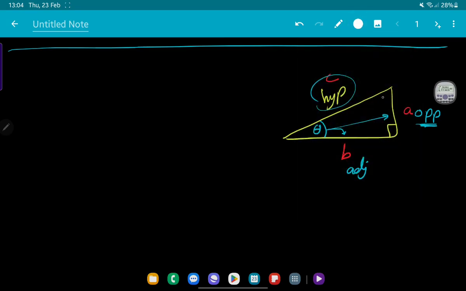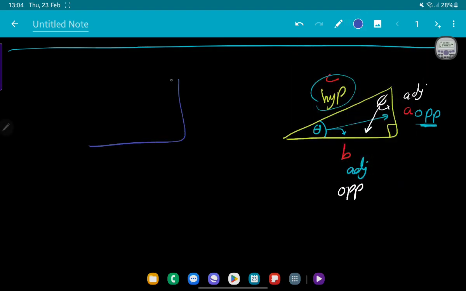So what if we have angle phi, for example, here? Now B is opposite to phi, A is adjacent to phi. So the position changes the name of the second or third side. For example, if we have a triangle here and we have an angle here, for example, this angle is x, so this is the hypotenuse, this side is opposite, and this side is adjacent.